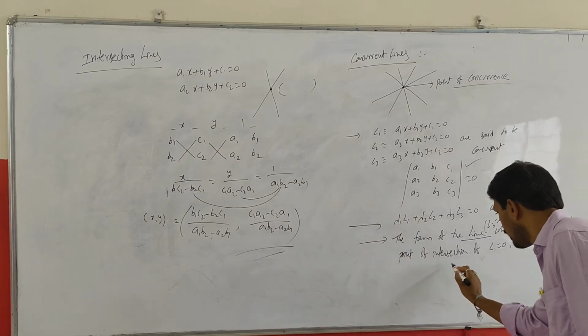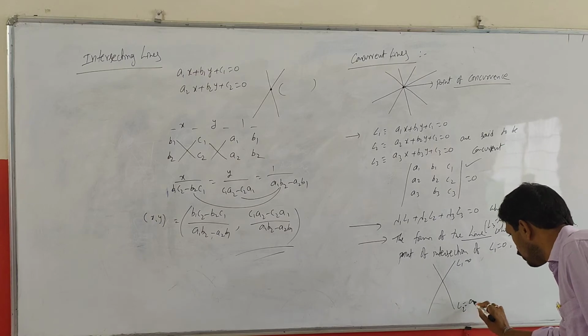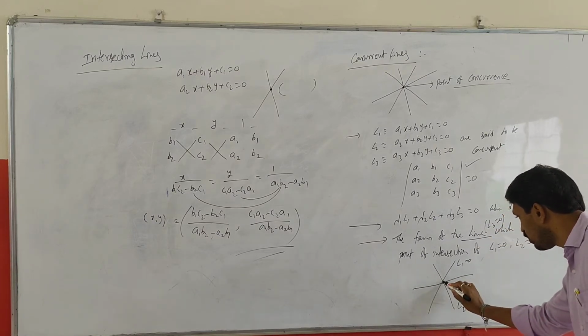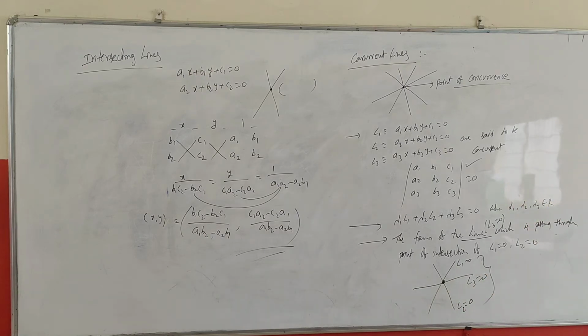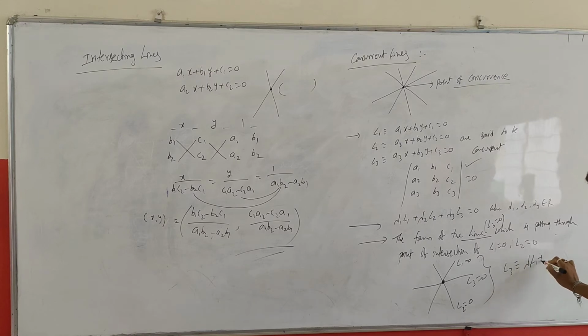See, L1 is equal to 0, L2 is equal to 0. Our third line is passing through this point of intersection, which means these three lines are concurrent. The form of the line which is passing through the point of intersection of L1 is equal to 0, L2 is equal to 0, we can write as lambda 1 L1 plus lambda 2 L2 is equal to 0.